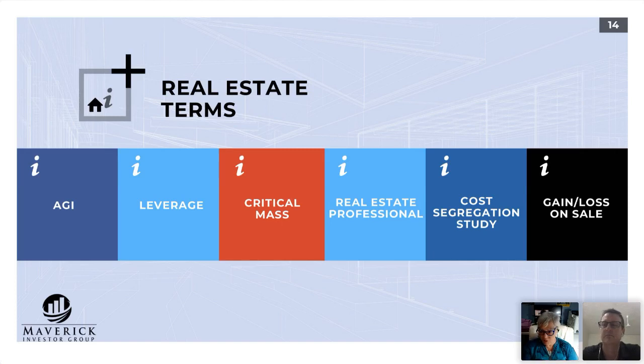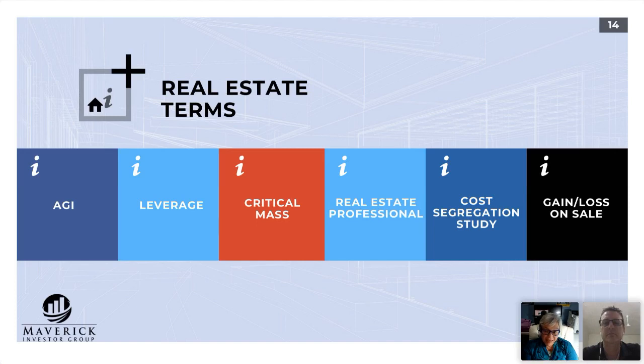The next term that I want to talk about is real estate professional. This is one that we talk about frequently, and I think a lot of people have heard the term. When you are a real estate professional, in the eyes of the IRS, you're able to take real estate losses, paper losses, against your other income, no matter how much the losses are and no matter how much your other income is. Otherwise, remember that term AGI, adjusted gross income.